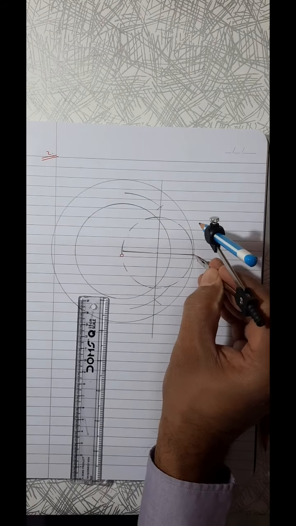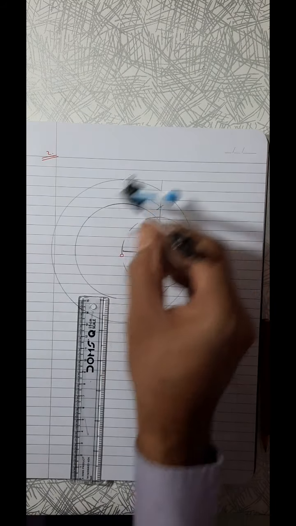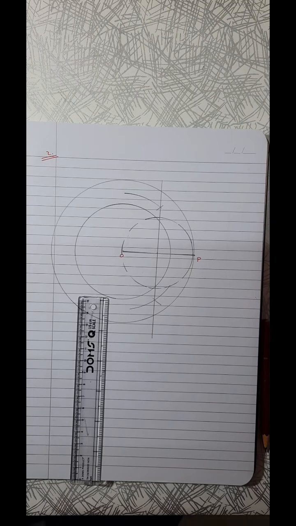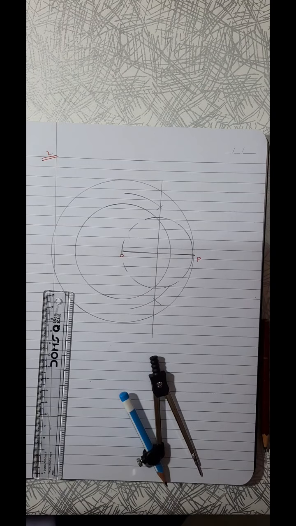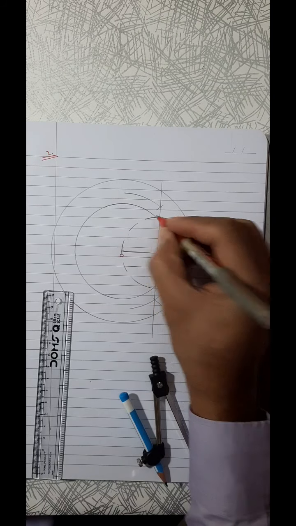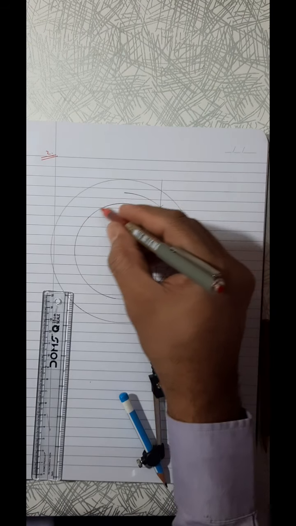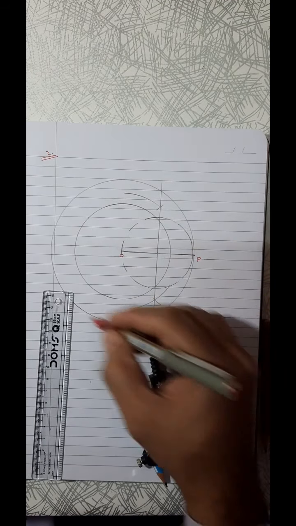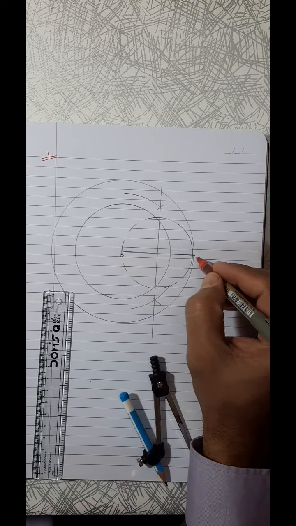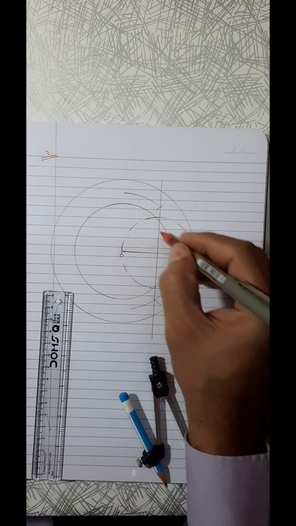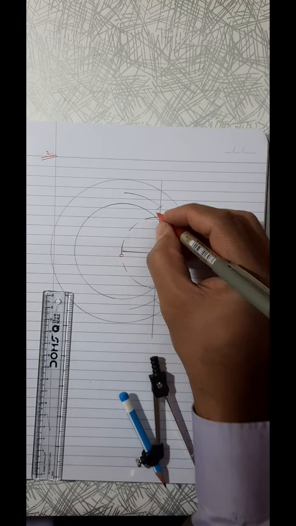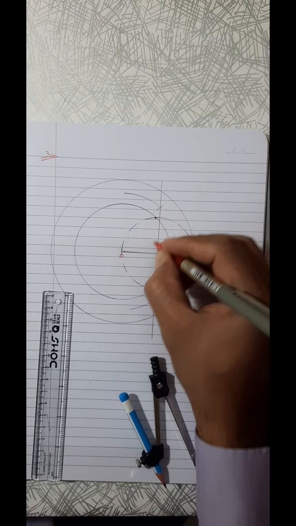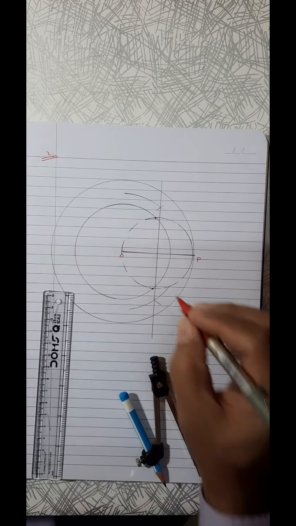You can see it is not that perfect, because I am doing it only for demonstration purposes. Okay, so I got a meeting point here. See, this is my original circle. The outer one is simply for getting the point. So the original circle is this one, and the dotted circle meets the original one at this meeting point.